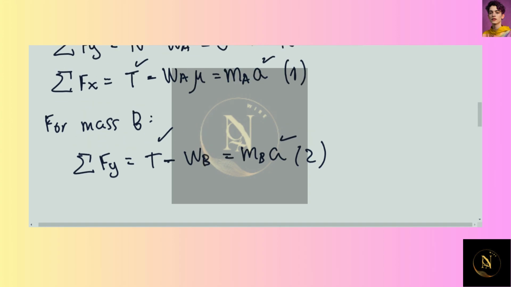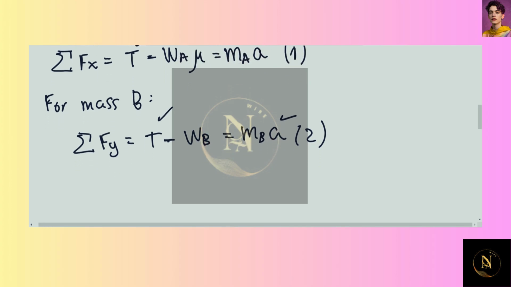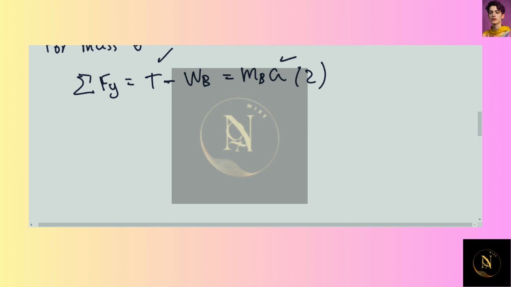We can see that this could be more easily done if we just subtract equation 1 minus equation 2, so that we eliminate the tension and we just need to find the acceleration. So we are going to do that.